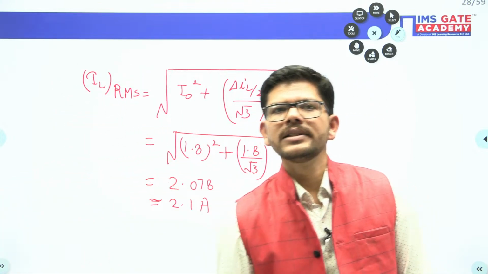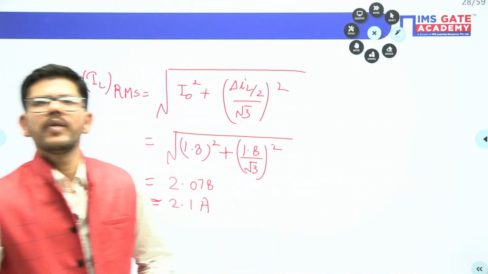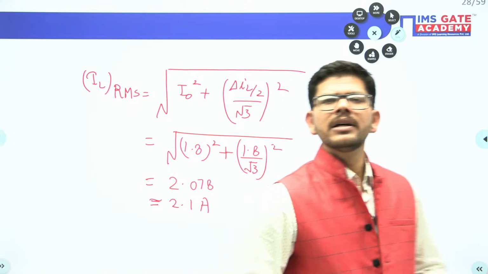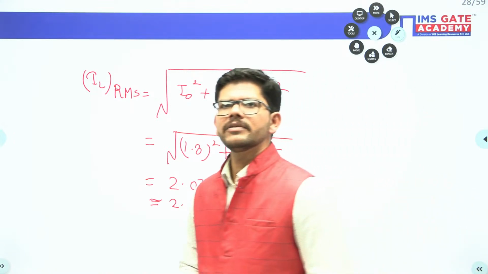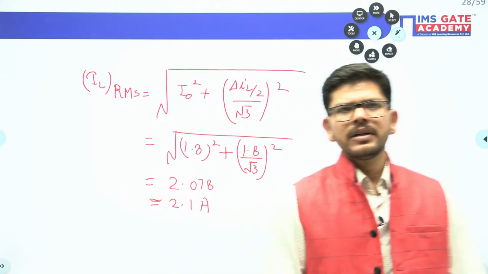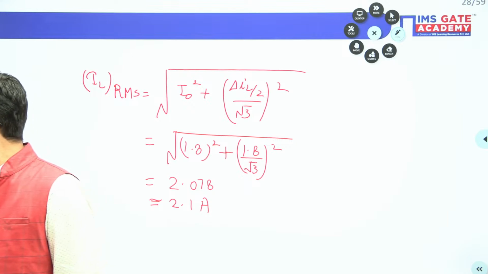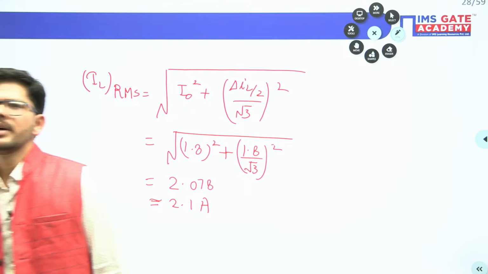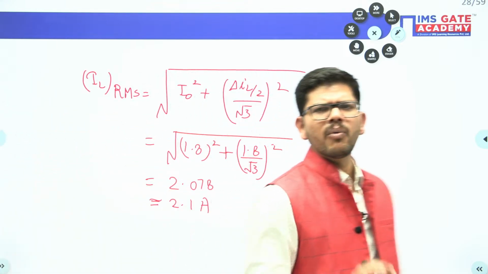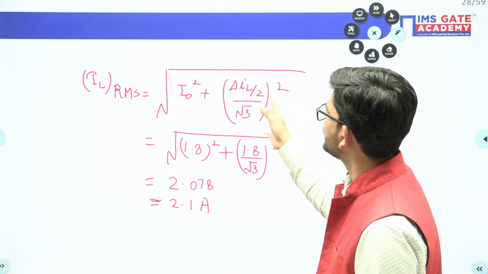Yes, Naru, your answer is again correct. Very good. Nikhil, Subodh, are you getting the same answer as well? Rupesh, are you getting the same answer? So again you can see whenever you are asked about calculating the RMS value, you can calculate it very easily, isn't it? Only two data are required, the I naught value and the del IL value.